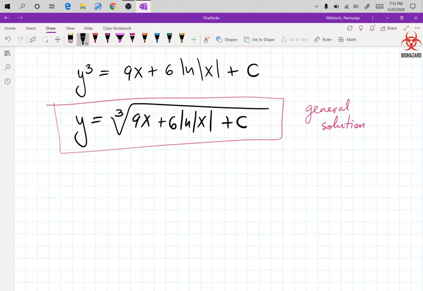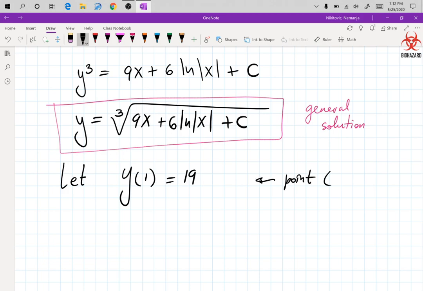But if you have, say, let y of 1 be equal to 19. It doesn't really matter. You are going to have some kind of a point. This over here is a point, and that's (1, 19), an x and a y.